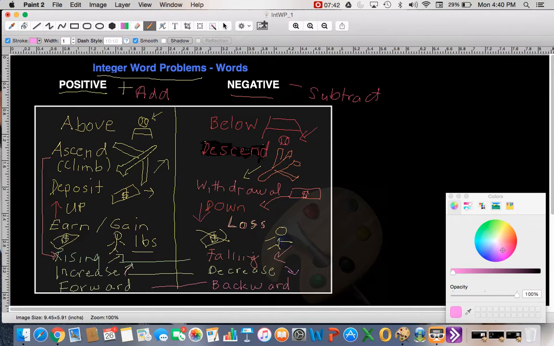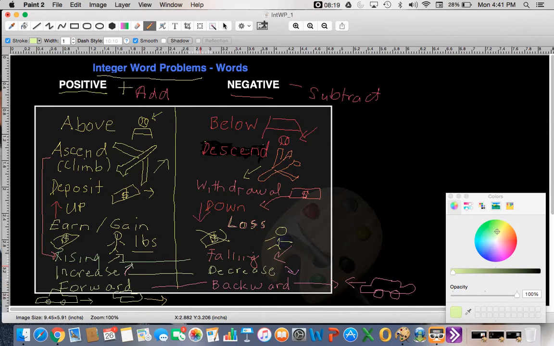Let's say a car moving forward, and the other one is a car moving backward.